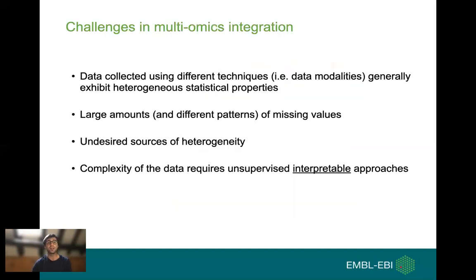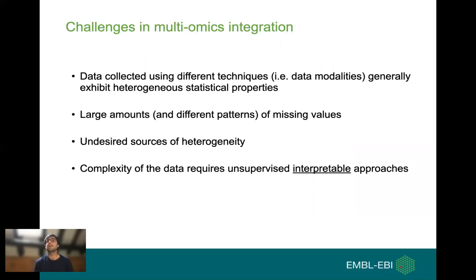So what are the challenges when it comes to doing multi-omics data integration? I think I can summarize the main ones I faced during my PhD into these 4 topics. The first one is that when you collect data using different techniques, so different omics, they generally exhibit heterogeneous statistical properties.